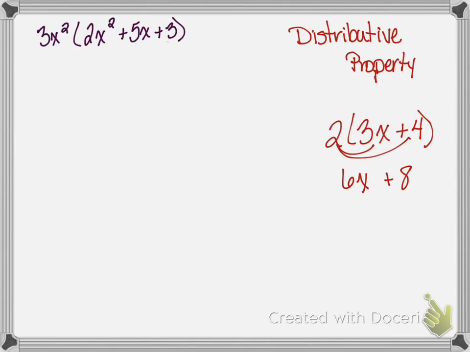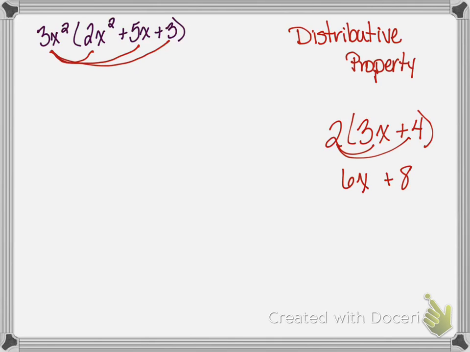And we are going to use the distributive property now, except we are going to be multiplying things together with variables that have exponents. So we're going to have to use all of those exponent properties. So I have 3x squared times 2x squared, then 3x squared times 5x, and then 3x squared times 3. I still have to distribute that the same way that I had to distribute my 2 over here on the right-hand side.